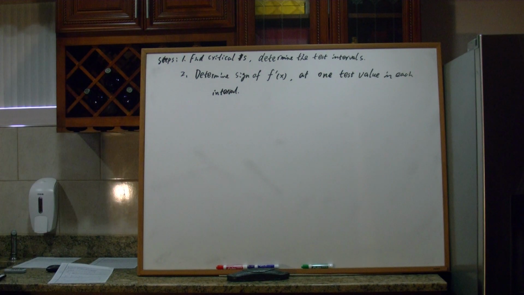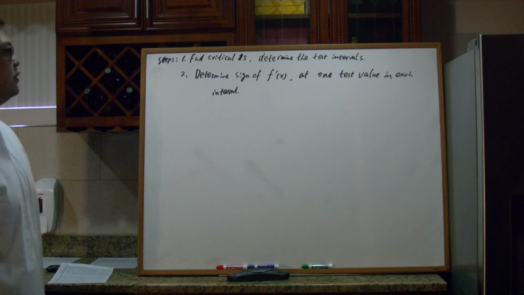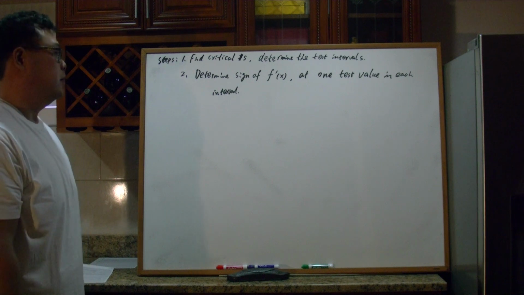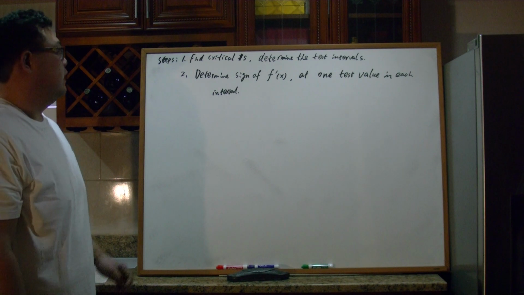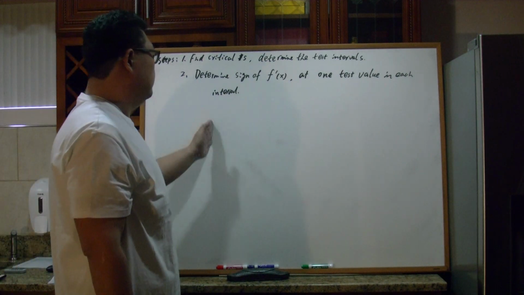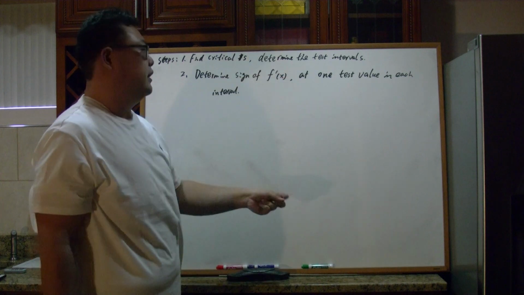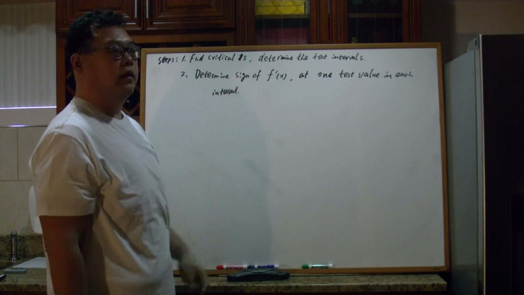Right, so that is what it is: I determine the sign of f prime at one test value in each interval. This means the critical numbers are the only possible places where the monotonicity can change. Then the intervals will be the entire domain, broken up by the critical numbers.